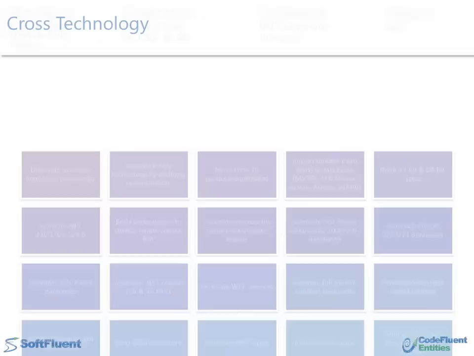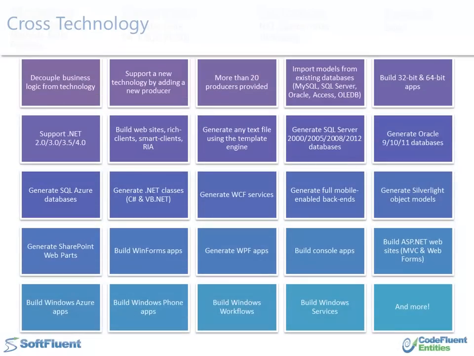And another point of interest is, as you've seen, since you're putting all your business logic into this platform-dependent model, and since it's producers that then translate this platform-dependent model into actual code, you can build very flexible applications that go across technology and survive technology shifts. Supporting a new platform gets as easy as adding a new producer.